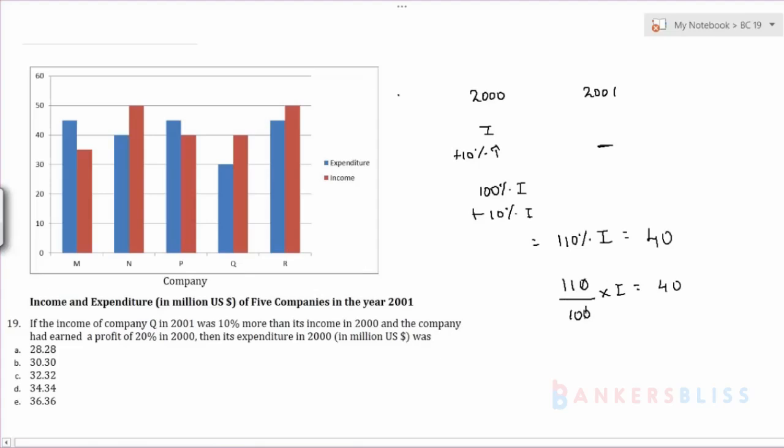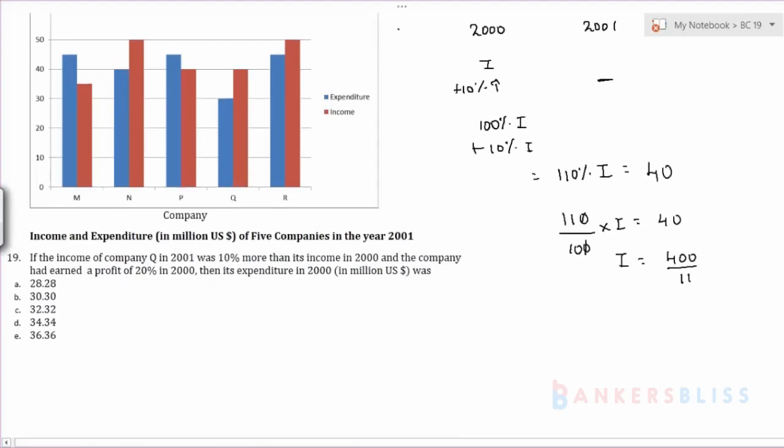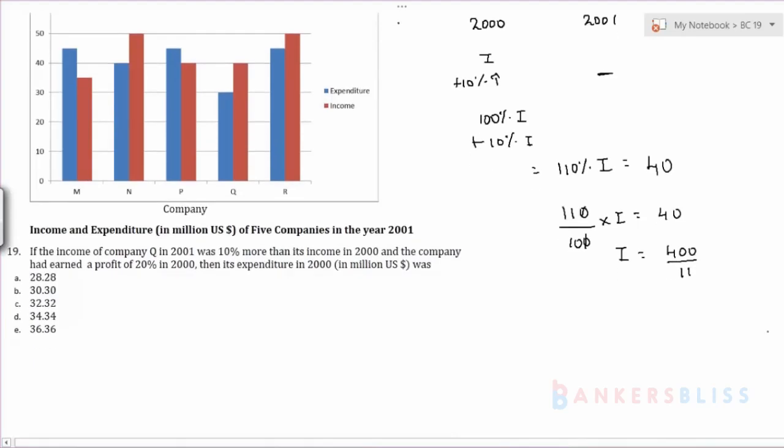The zeros cancel, so income is 40 into 10, 400 divided by 11. One more thing you know: income minus expenditure is equal to profit, whereas profit plus expenditure is equal to income.